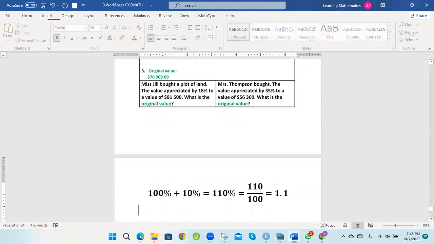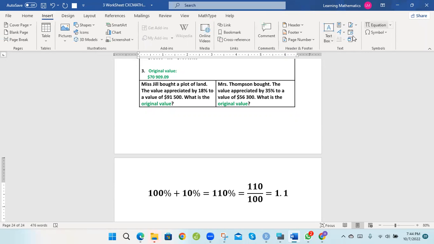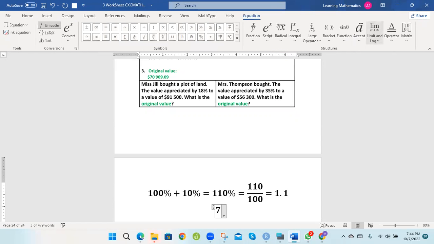Now, here's the difference. Because we're trying to get the original value, you divide. So listen to the rule. If you want to find the future value, you multiply. If you want to get back to the original value, you divide. So we're going to divide 78,000 divided by 1.1.